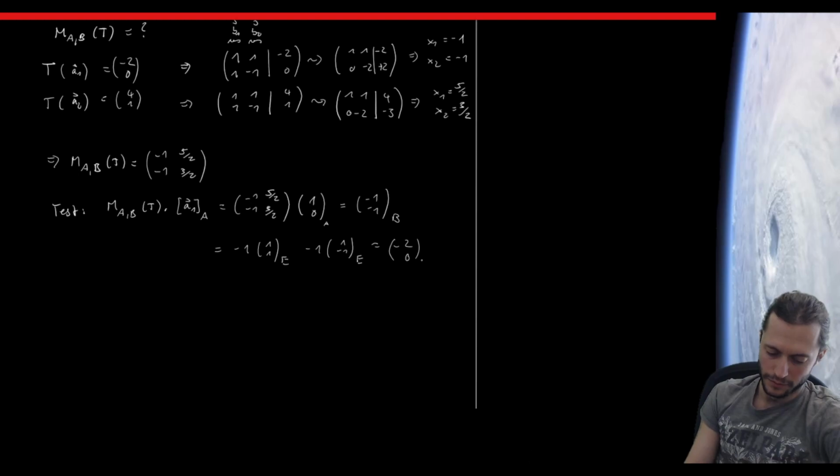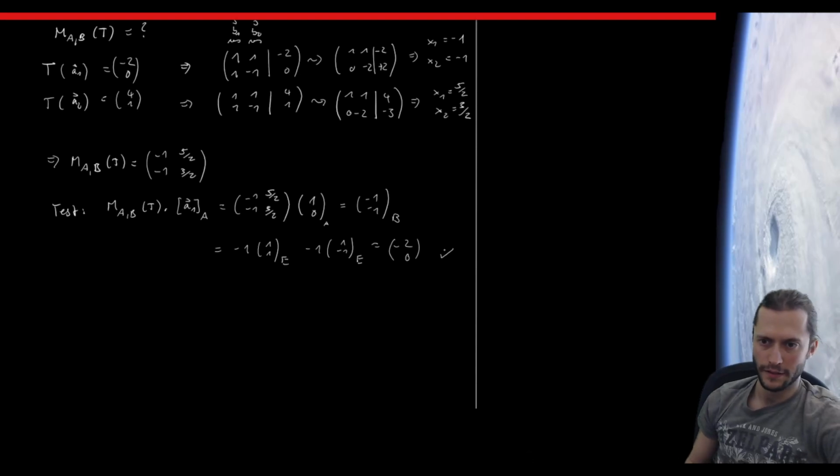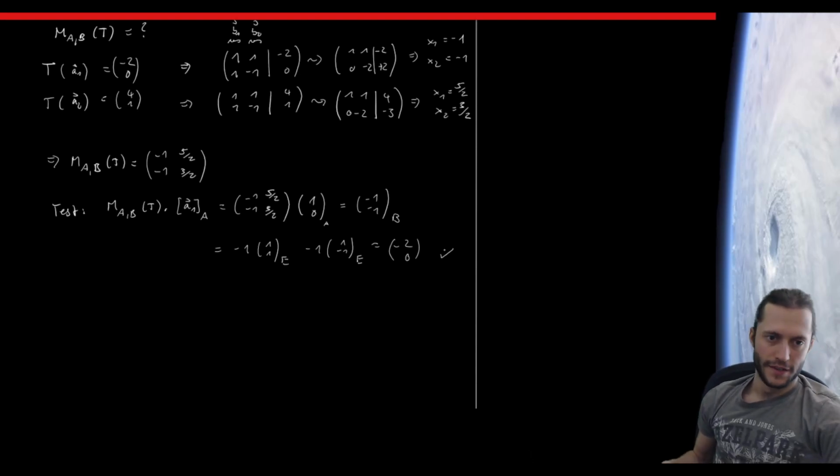And that's exactly what the image of A up here in E coordinates was like. So that all worked out quite nicely. There's a certain chance that you are still confused with all these coordinates, and I guess you should be, but I hope you find your way through this.